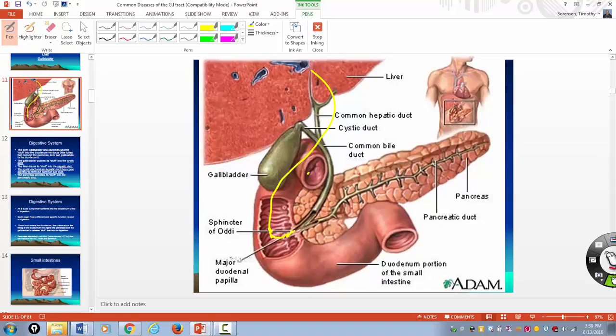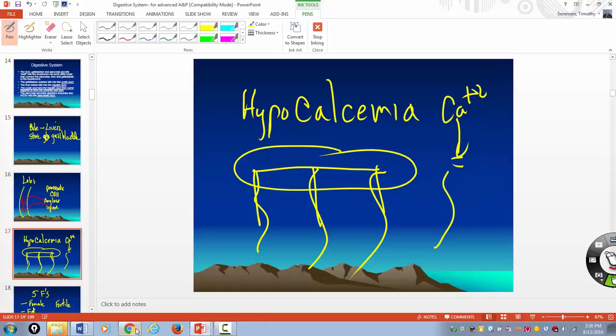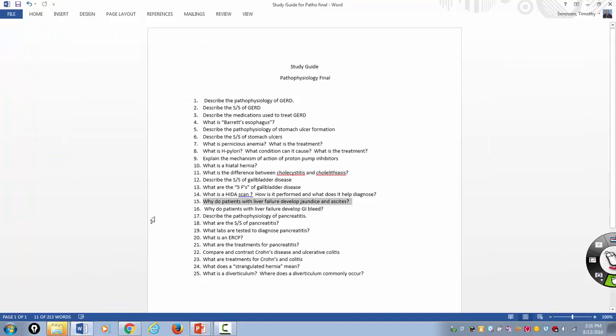You put it into the sphincter of Oddi. You dilate the sphincter of Oddi muscle. There's a little claw in there, and if there's a stone blocking it, you pull it out. Problem is the sphincter of Oddi doesn't like that, and sometimes it can clamp down even harder and cause the pancreatitis to worsen. So an ERCP can actually cause pancreatitis.